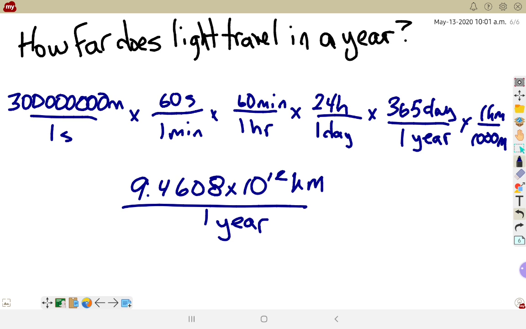So when we say that something is a light year away, it means that it is 9,460,800,000,000 kilometers away.